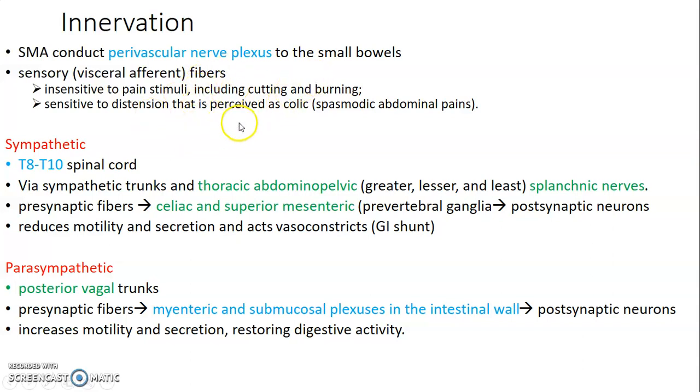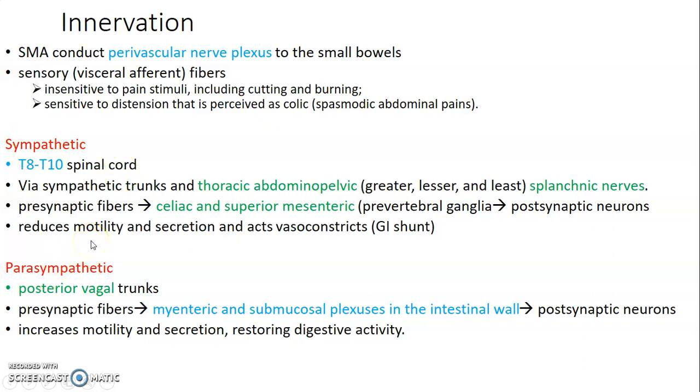This distension is usually perceived as what we call colic. Colic is a spasmodic type of abdominal pain, where the pain comes and goes. That's what we mean by colic. So we have sympathetic and parasympathetic nerves innervating the small bowel.